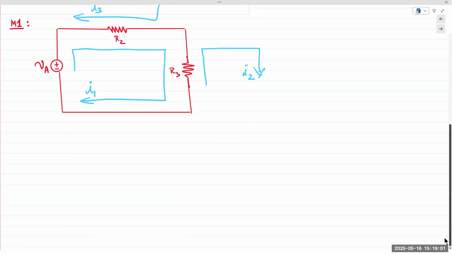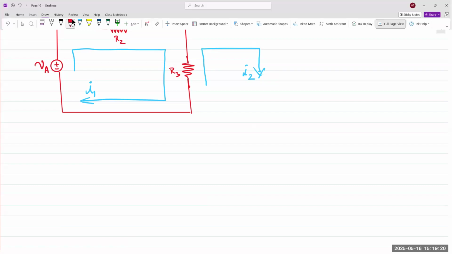Now, each one of these mesh currents is going to cause a voltage drop, right? Current flows through a resistor, it causes a voltage drop. Hypothetical current flows through, causes a hypothetical voltage drop. So I'm going to mark out these voltage drops.